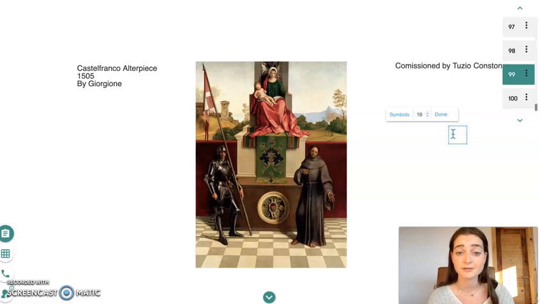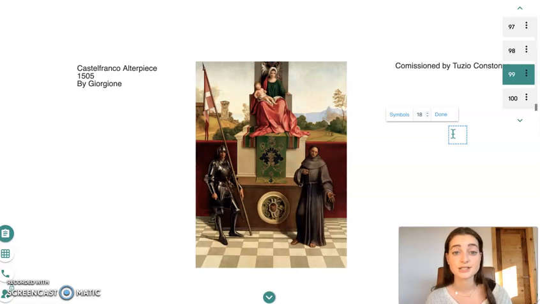He died of a fever. So Tuzio Costanzo commissioned this piece so it could hang in the family chapel to provide a place for the family to come and grieve and commemorate the memory of his son and the sacrifice he gave for his country.